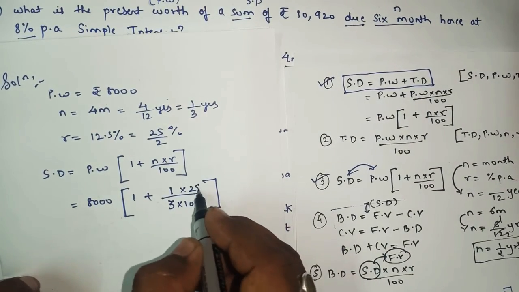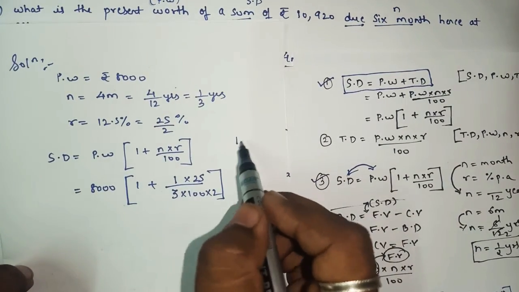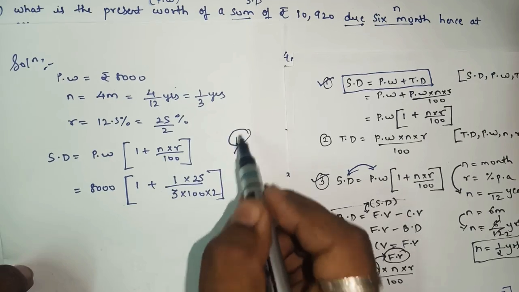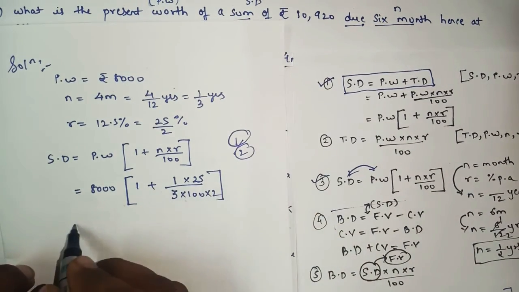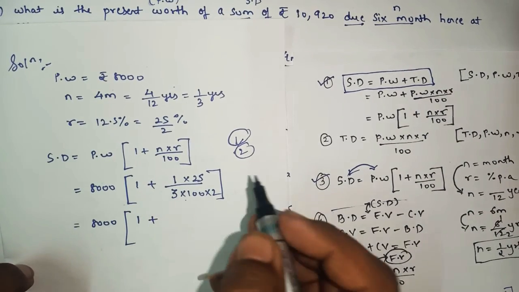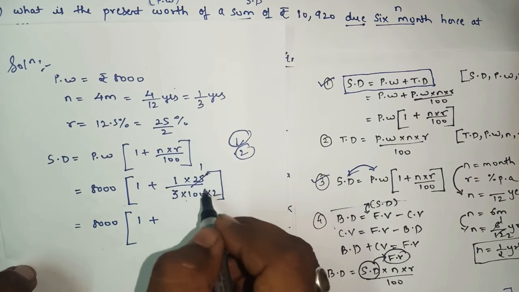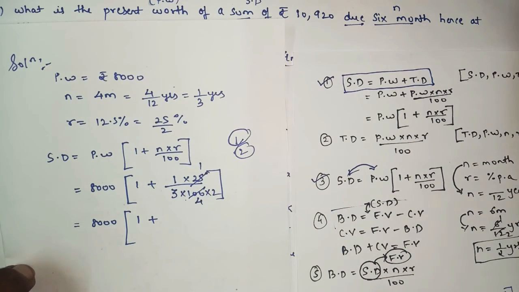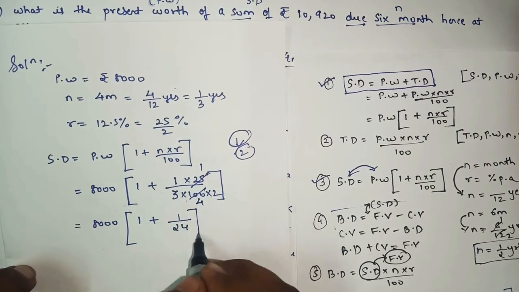So 25 will be in the numerator and 2 will be in the denominator. Remember this, okay? So 8,000, 1 plus, okay, so we can cancel this number. 25 ones are 25, 4 sides are 100, 3 fours are 12, 12 twos are 24, so 1 upon 24.